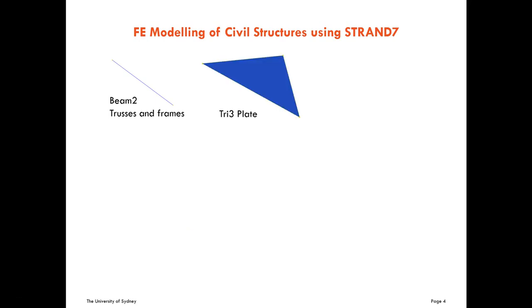We also have two-dimensional elements in Strand7. This is the plate, the Tri3 plate. It's a two-dimensional element and it has three nodes. So you have three nodes and the displacement inside the plate is calculated by linear interpolation between these three nodes.